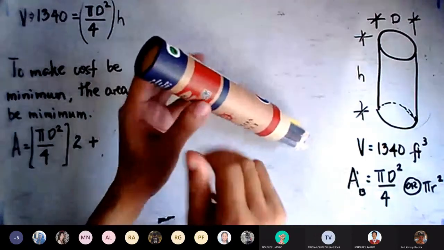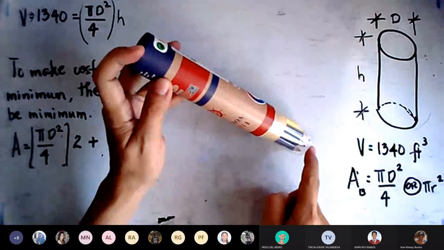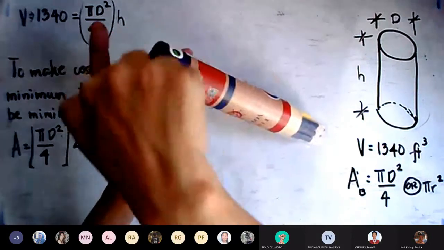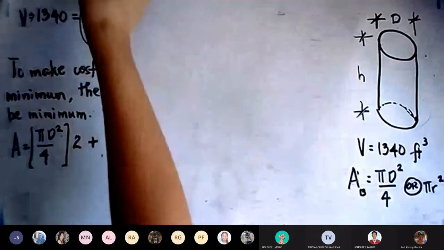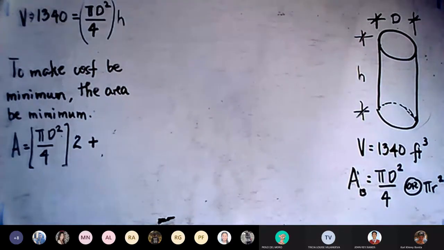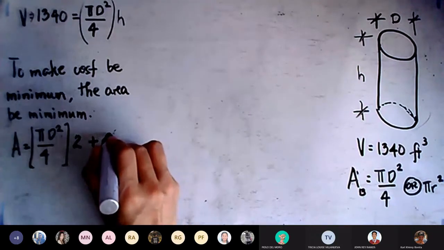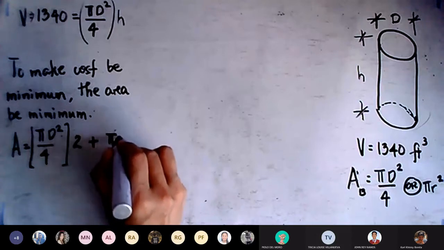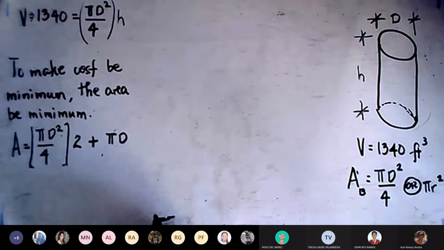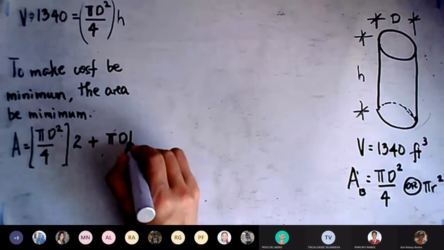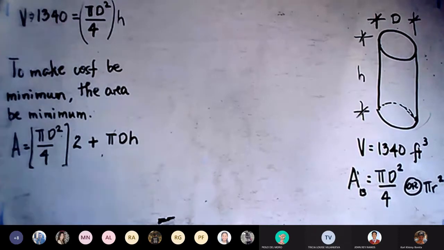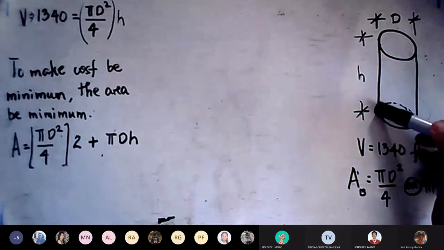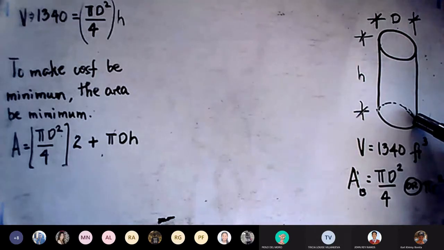So the entire side of the cylindrical container is simply equal to height multiplied by the circumference. So the circumference is equal to 2 pi r or pi d. So we are going to add pi times diameter, which is the formula for the circumference, and then you multiply it by h, the height.